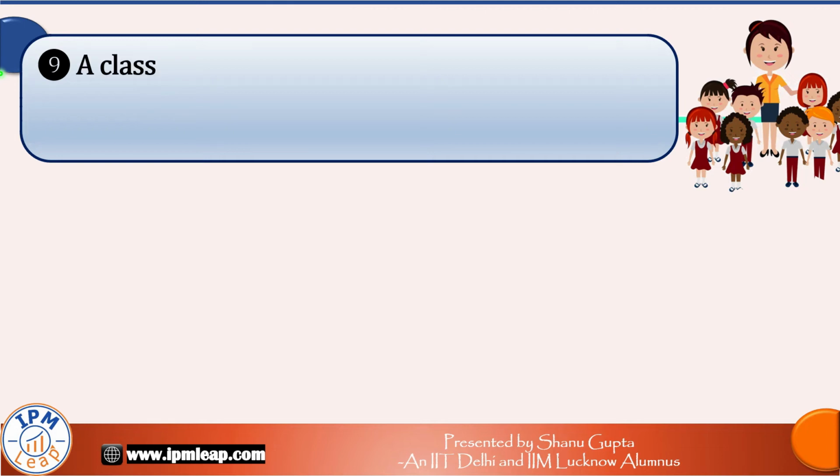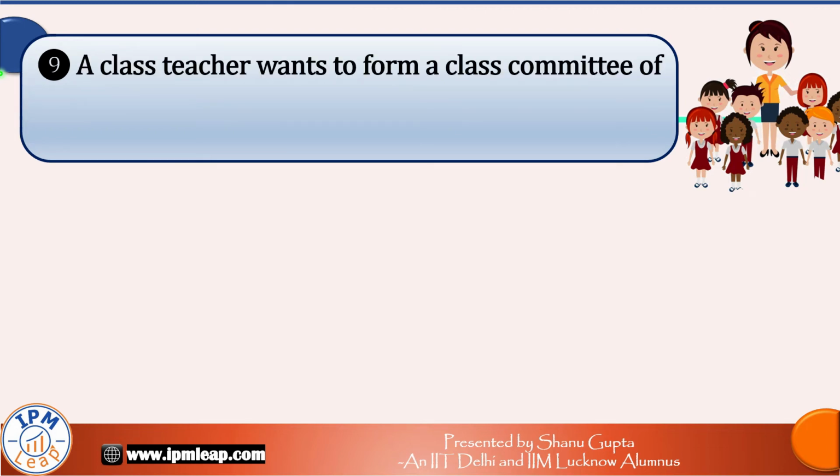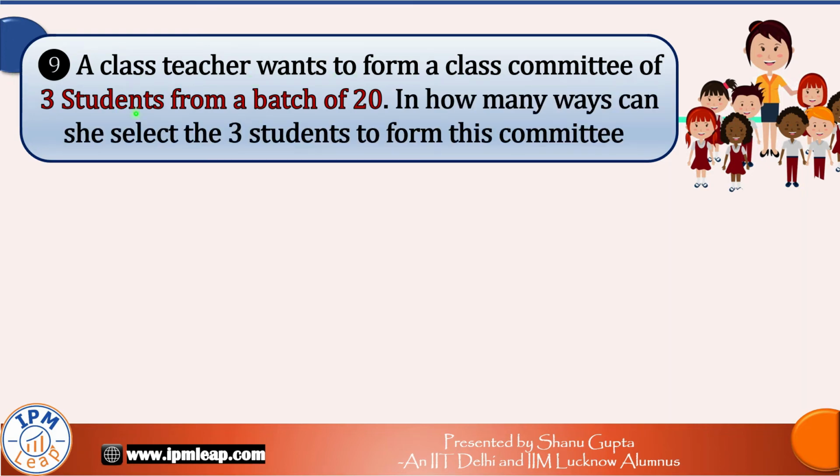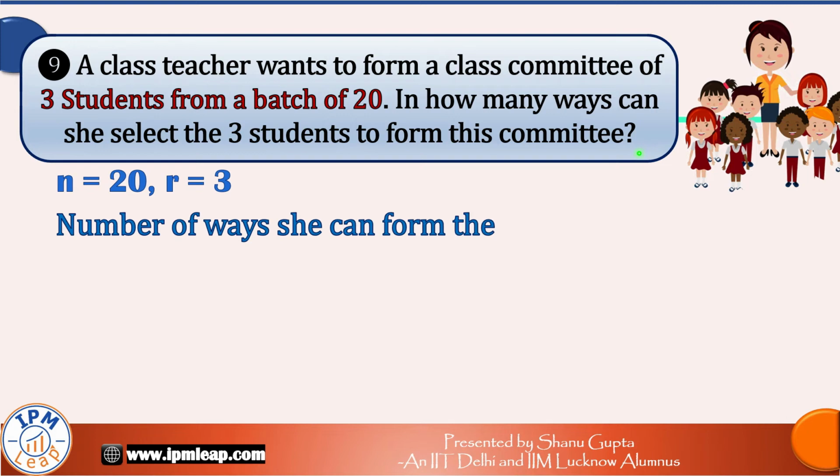And finally, let's try the most important application of combinations. By now, you know that combinations mean selections. A class teacher wants to form a class committee of 3 students from a batch of 20. In how many ways can she select the 3 students to form this committee? By now you must have understood that this worded problem is a simple application of the combinations formula. 3 students out of 20 can be selected in 20C3 ways.